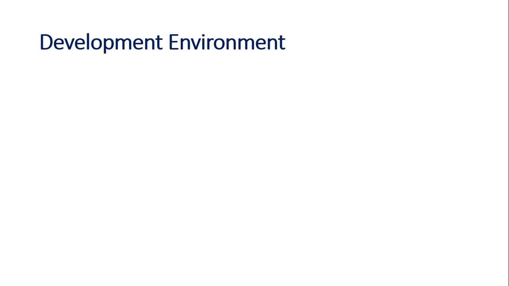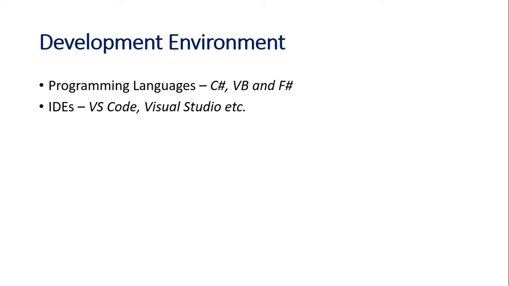Okay, so development environment. What do you need to set up a development environment? First of all, you need to understand that .NET Core supports these three programming languages: C Sharp, VB, and F Sharp only. Then what are the IDEs you have in the market to develop the code? You have Visual Studio Code, which is an open source IDE, and then you have Visual Studio 2019 Community, and other Visual Studios can also be used.